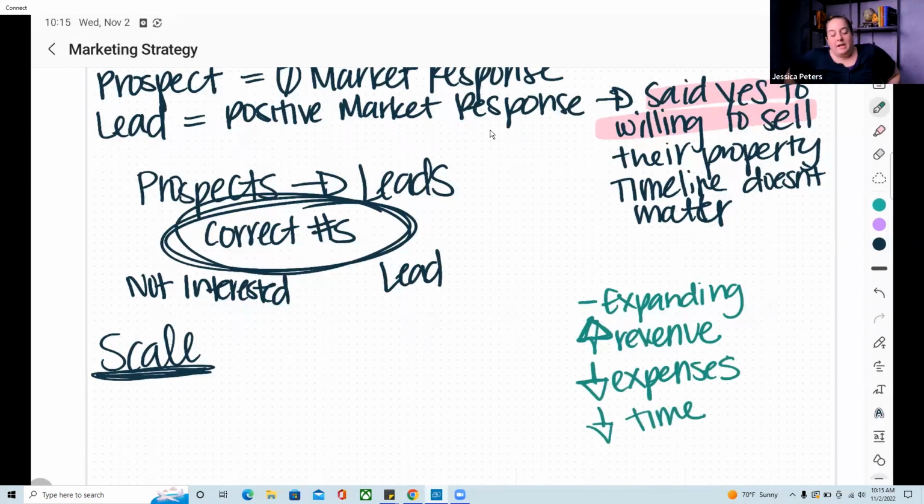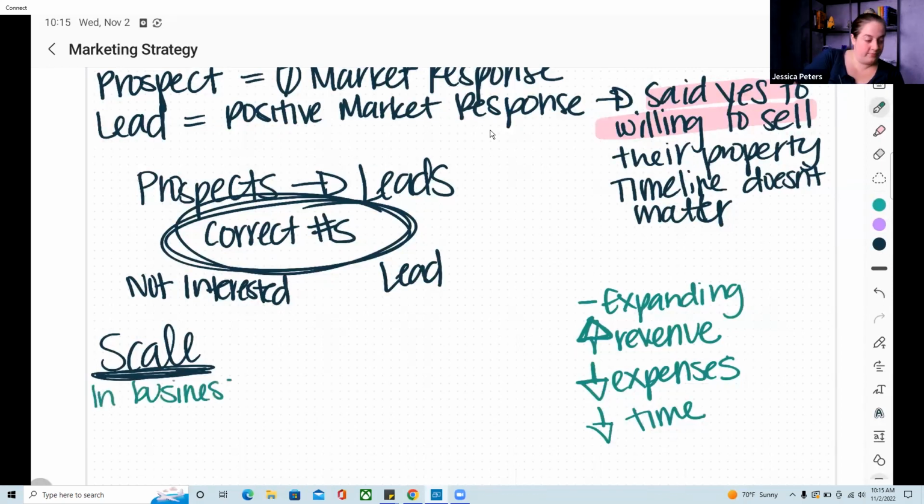So what commonly people will do or think about is, oh, I'm just going to hire 4 VAs so I can call a lot more numbers and then I'm going to generate a lot more leads. But the definition of scale, in business, we're going to write this down, the actual definition.